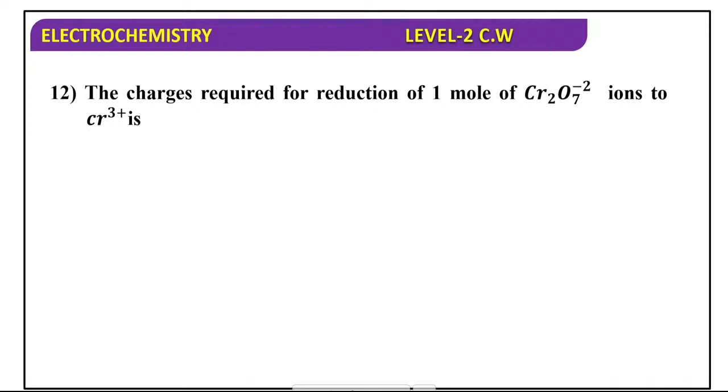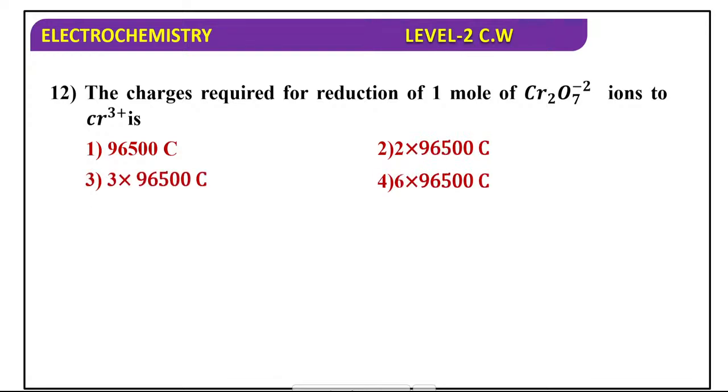Next is, the charge required for reduction of 1 mole of Cr2O7 negative ions to Cr3 plus ion is? Yes, beta.